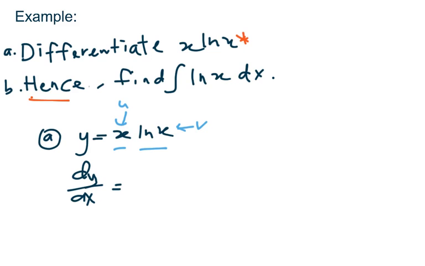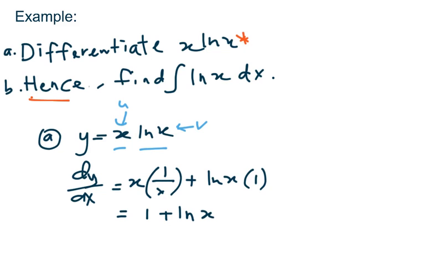So product rule tells us that u multiply with dv dx, which is 1 over x, plus ln of x times the derivative of u, which is equivalent to 1. So in other words, you will be getting 1 plus ln of x.